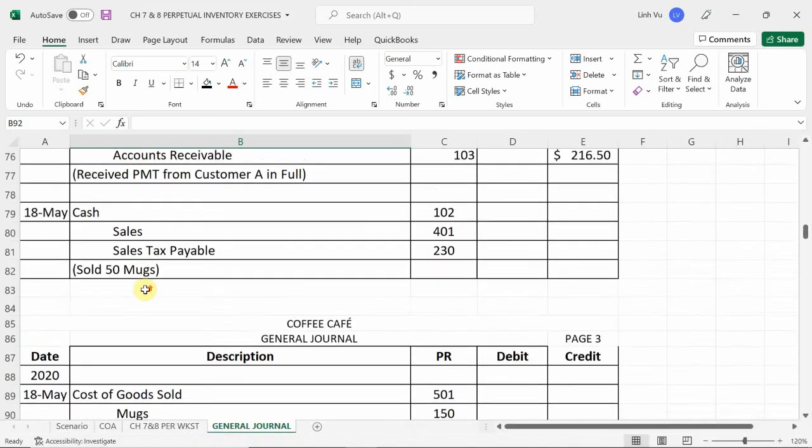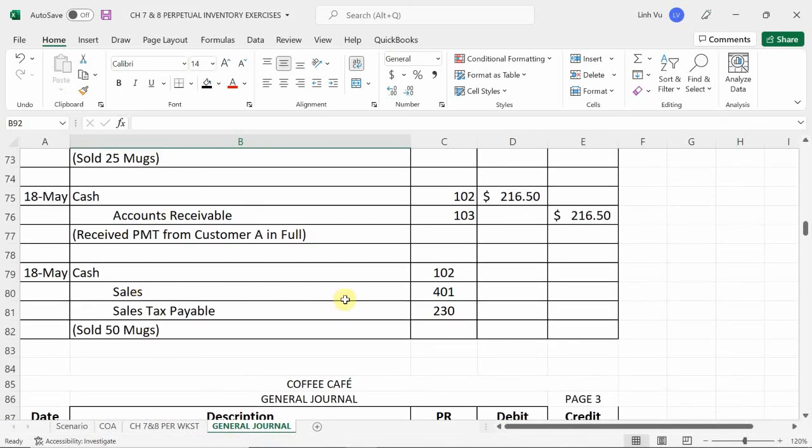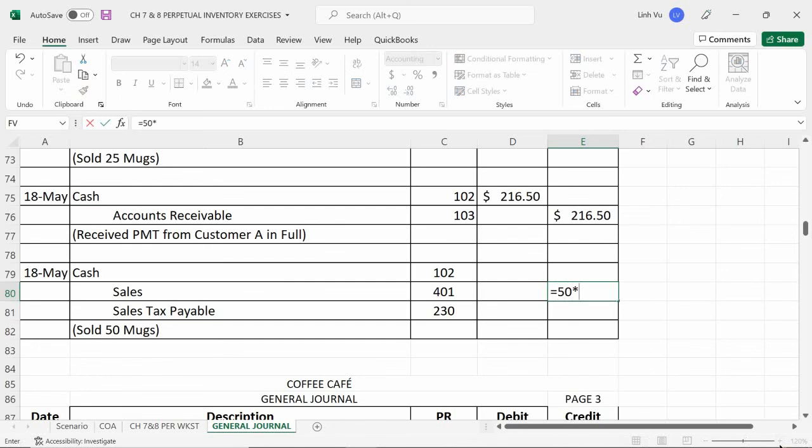If I sold 50 mugs for $10 each, what was my total sales? 500. How much is my sales tax? 41.25. So in this case, I should have received a grand total of $541.25.